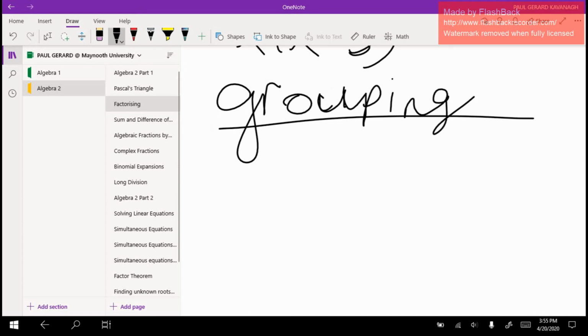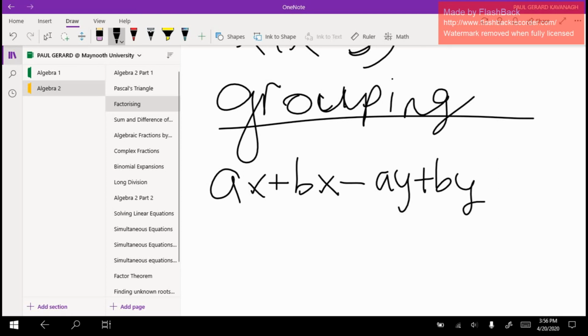So an example would be ax plus bx minus ay plus by. As you can see, you can obviously group it by ax minus ay plus bx plus by, but in this case we're focusing on our x and y.